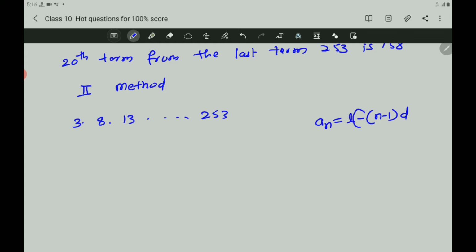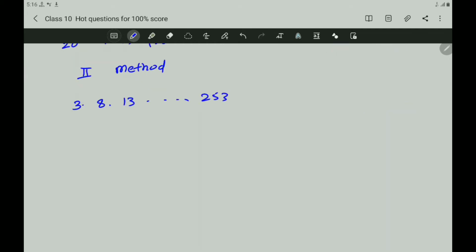The sign becomes minus, and d is positive only. So you take the last term L equals 253, and d is the same, 8 minus 3, that equals 5.